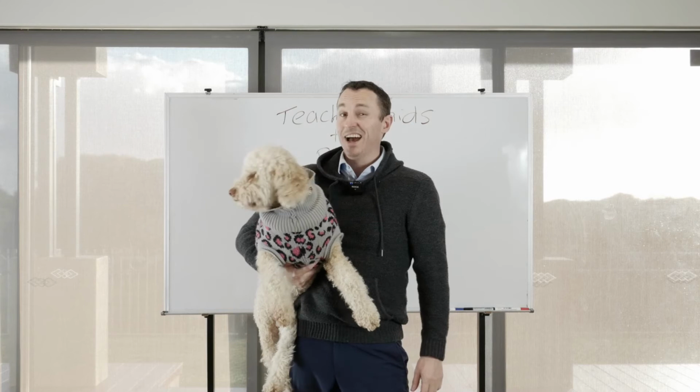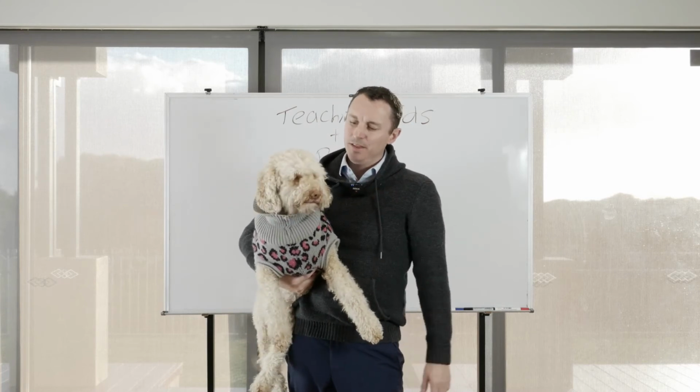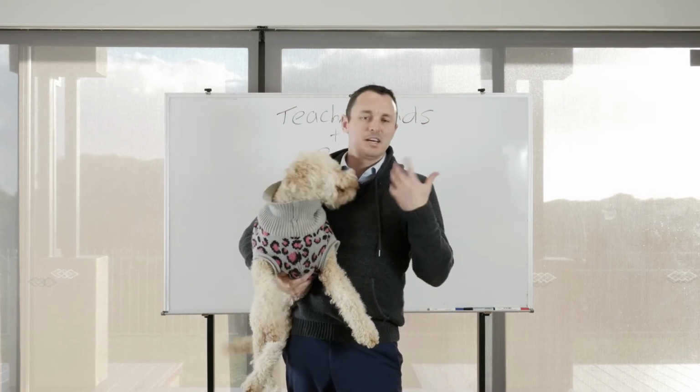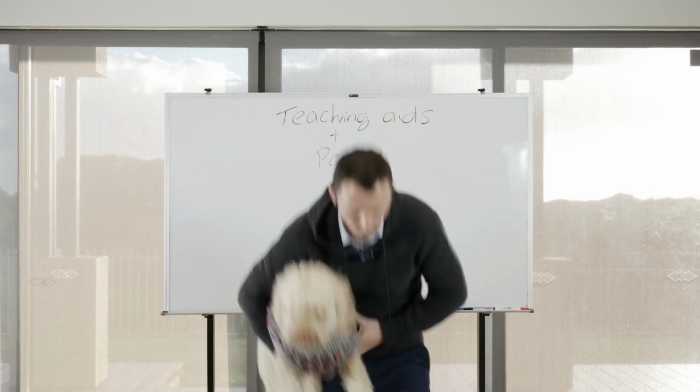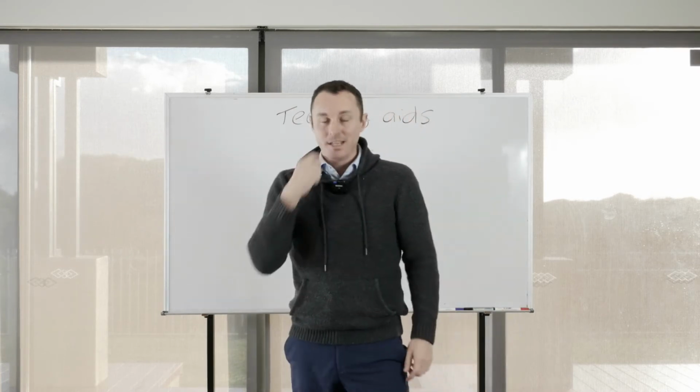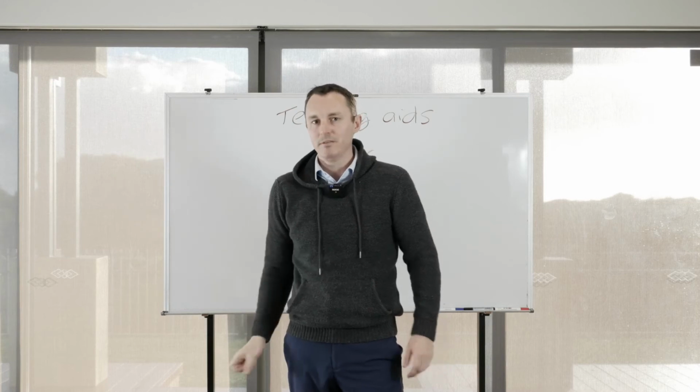Coffee is a Lagotto, which is sort of, I think, an Italian dog that doesn't lose any hair. They used to be used for sniffing truffles and things like that 2,000 years ago or whatever it is.